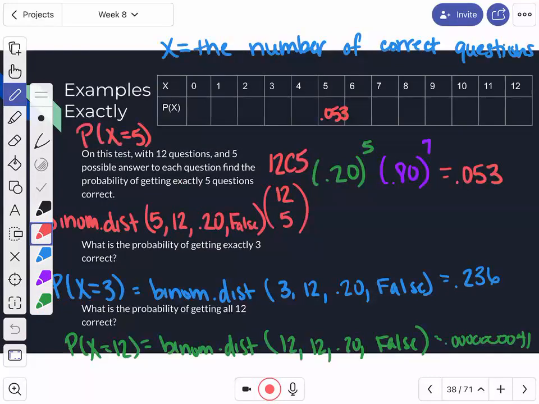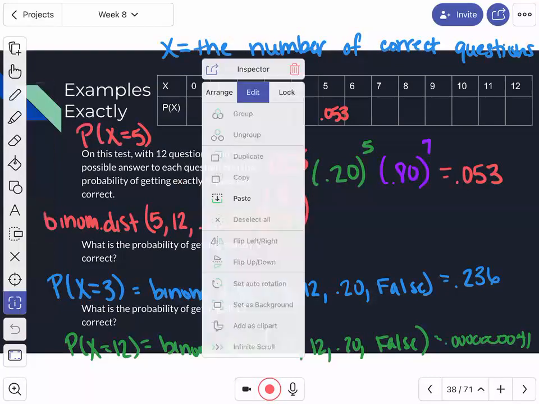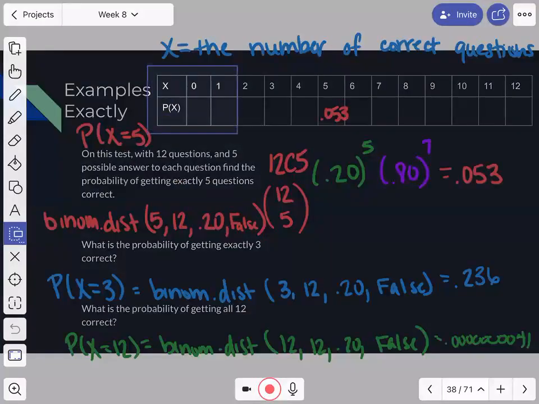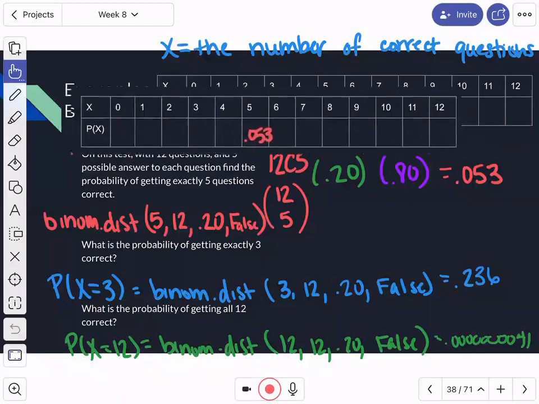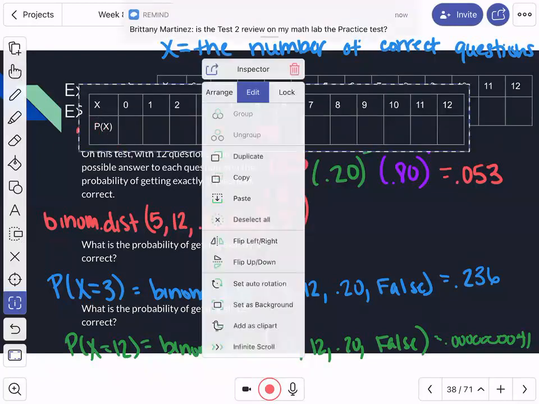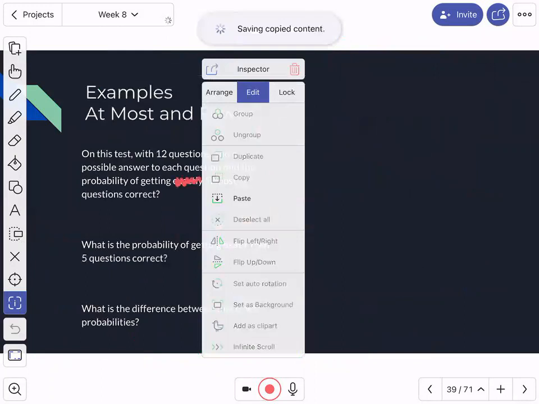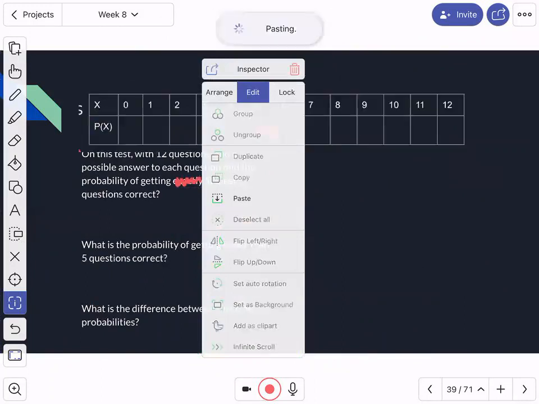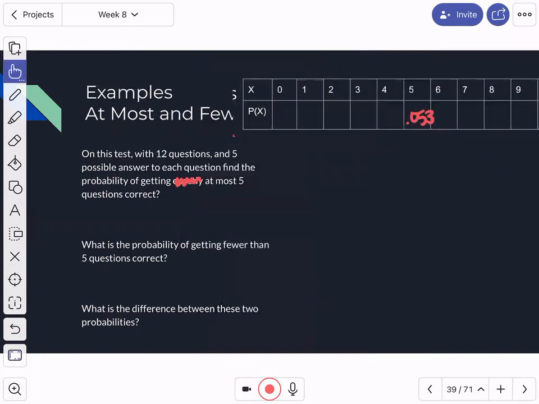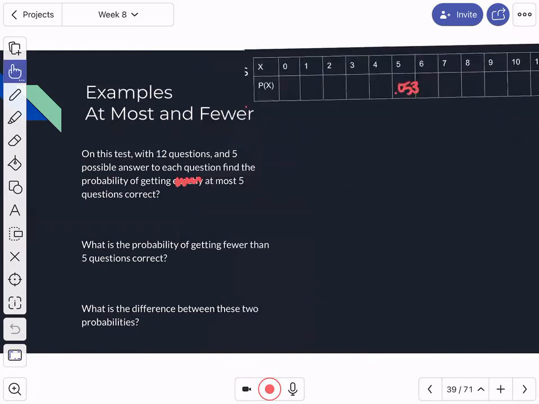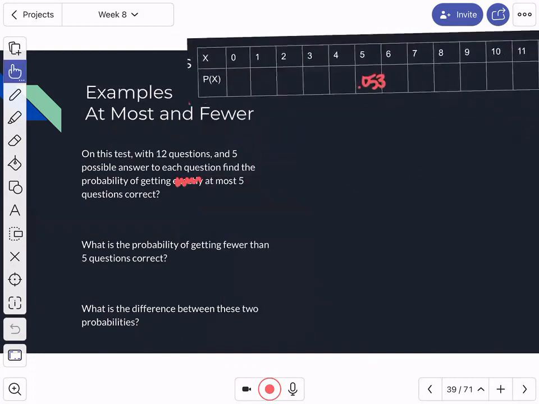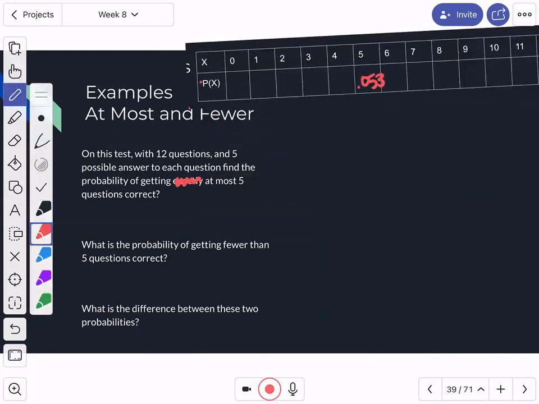Good. So if you talk about at most 5, let me try to copy this table real quick. So look, at most 5 here means that it can be all of these values in front of 5, right?